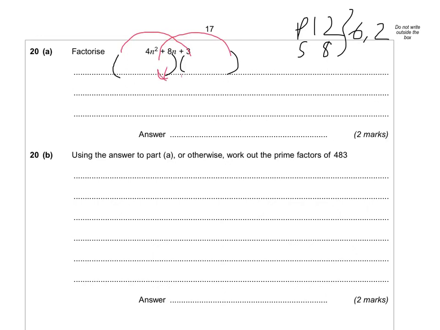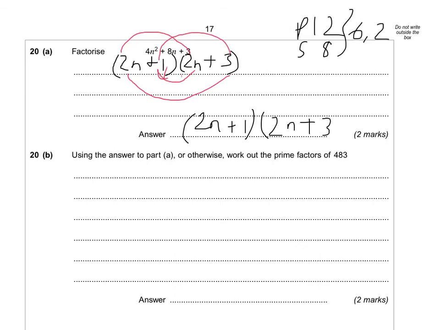Then underneath, these two multiplications make up the 8n, and because it's plus 8n, it is going to have to be plus 1 and plus 3. And then it's a matter of thinking, is it 4n and n that would fit in, or 2n and 2n? So with a bit of working out, you can see it's 2n, because that gets you the 4n squared on the top, gets you the plus 6n, plus 2n makes a plus 8n, and the plus 3. So just putting that in the answer box, 2n plus 1 and 2n plus 3.